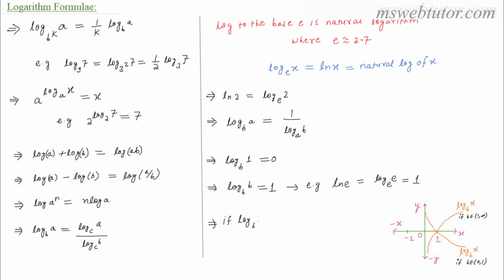If log of a is greater than log of c to the base b, then a is greater than c if b belongs to 1 to infinity, but a is less than c if b is fractional, meaning it belongs to 0 to 1. You can verify this result from the graph on the right side.